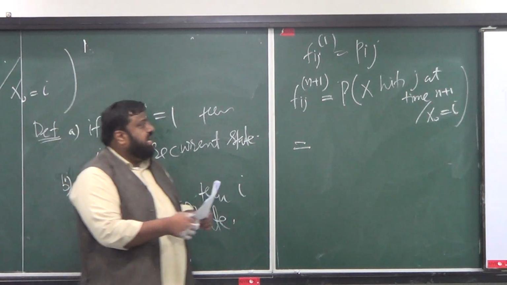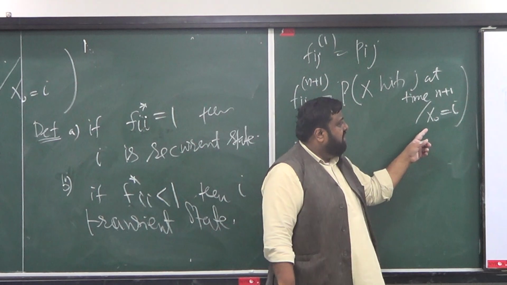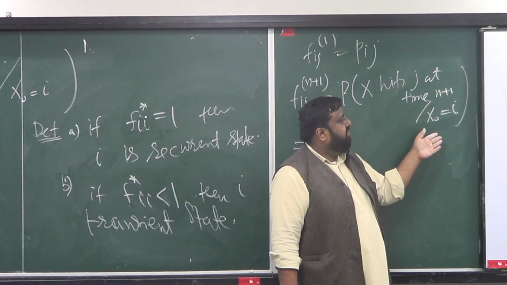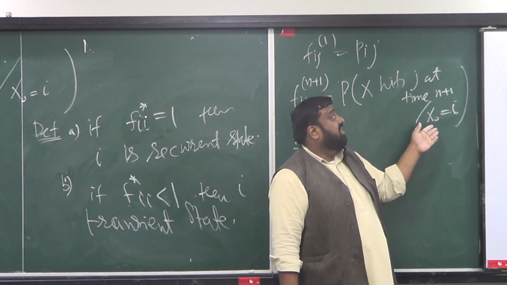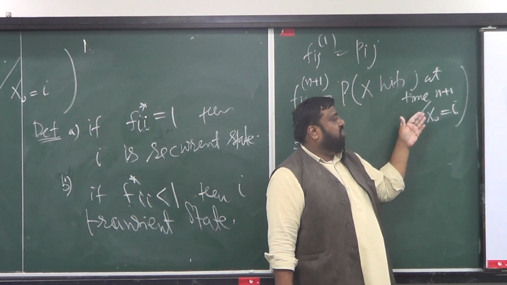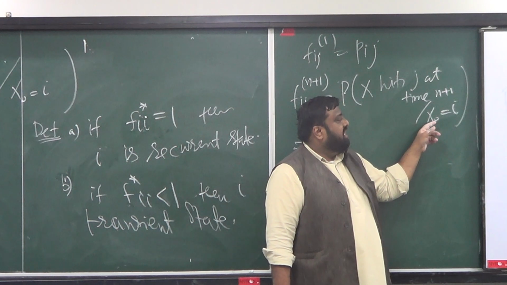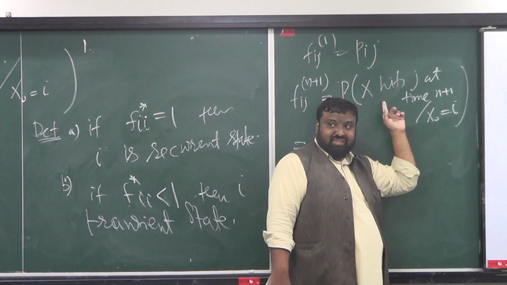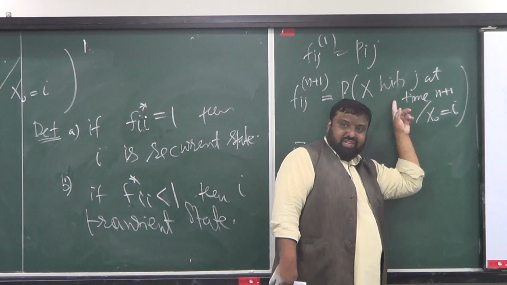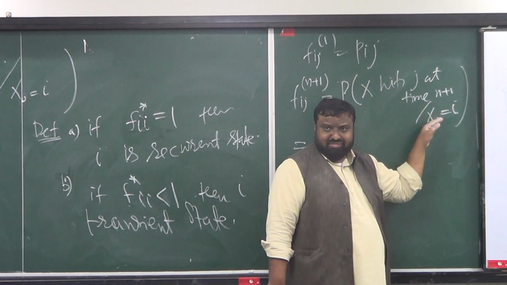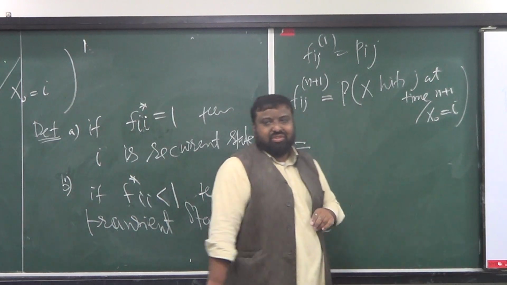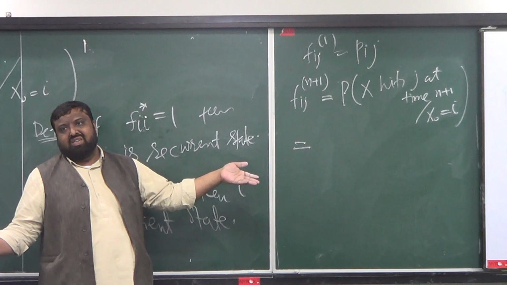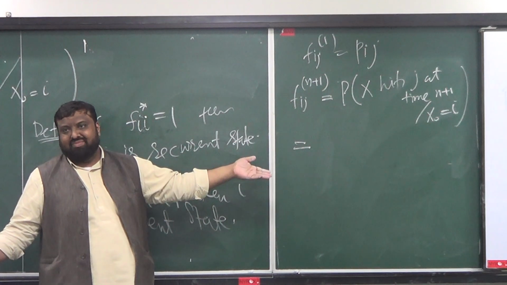So in other words, can I write an expression which also talks about the probabilities between 1 and n, not only between 0 and n plus 1? So where could be the state between 1 to n?